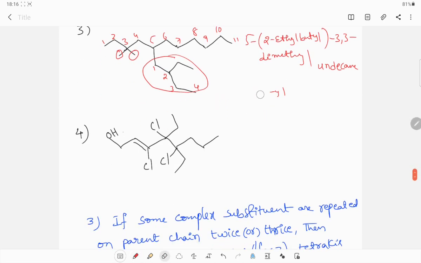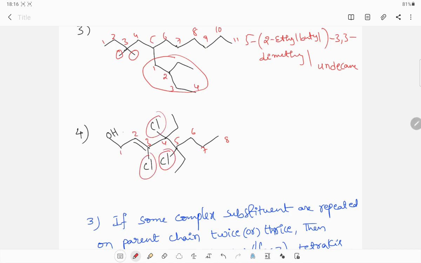So I am clearing this so you don't get confused. Very simple. Now here we need to find the complex substituent. First give numbering 1, 2, 3, 4, 5, 6, 7, 8. Okay. Now look students, here there are no complex substituents, so give the names directly.